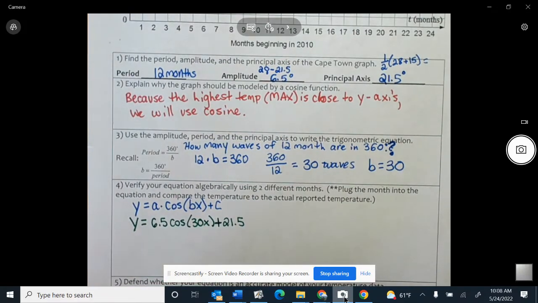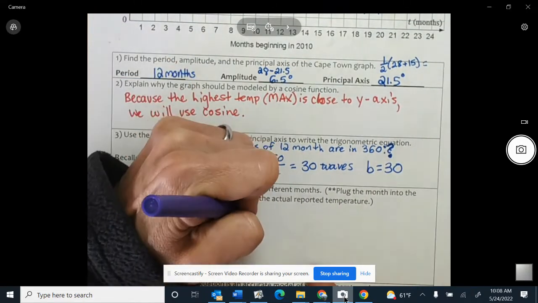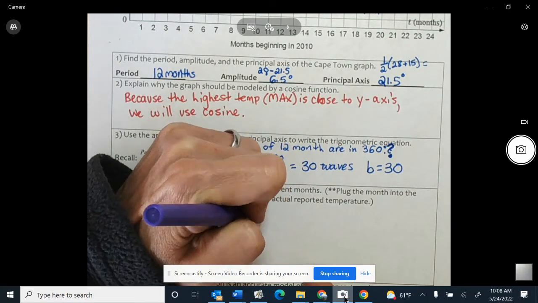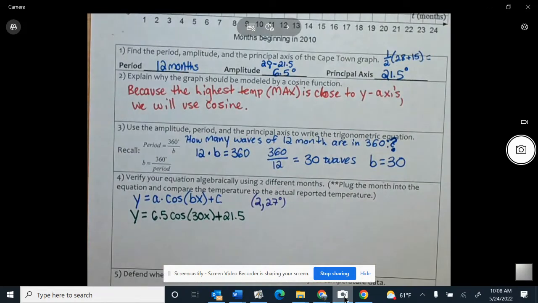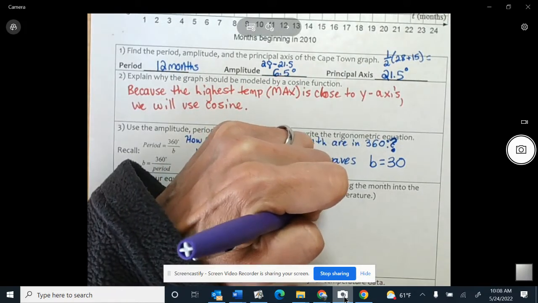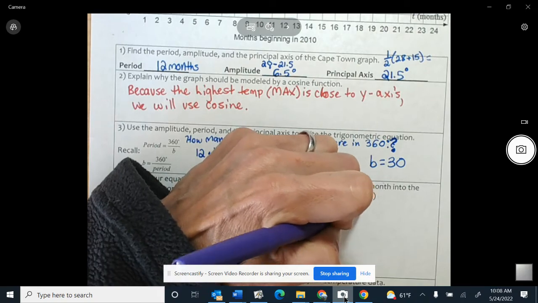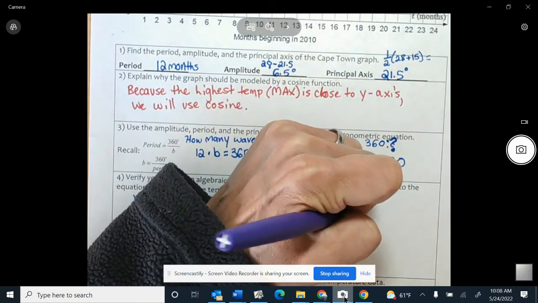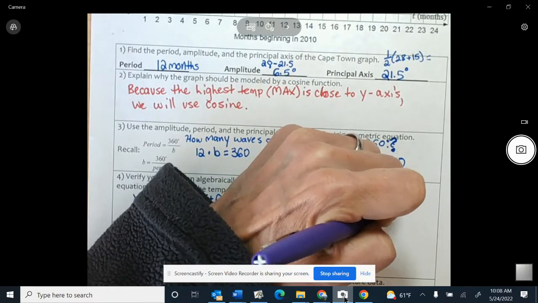Now the first x value that I'm going to plug in is 2 months. 2 months and 27 degrees Celsius is what we should expect. So plugging that in will look like 6.5 times the cosine of 30 times 2, and then we add 21.5.